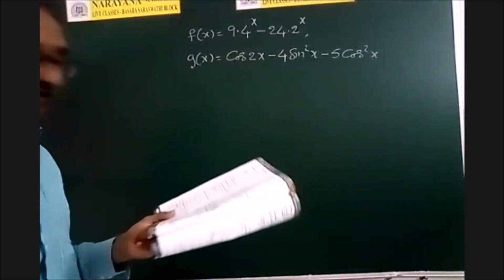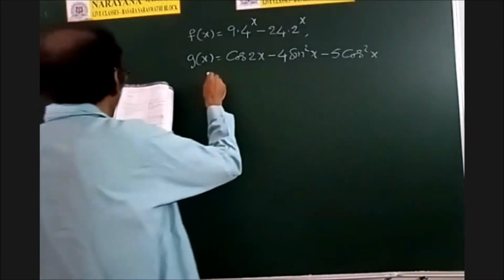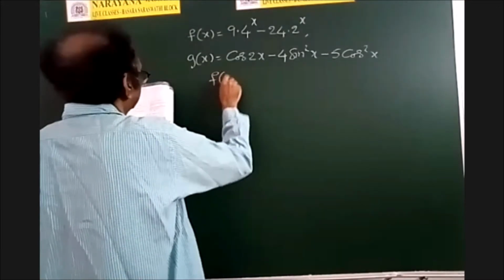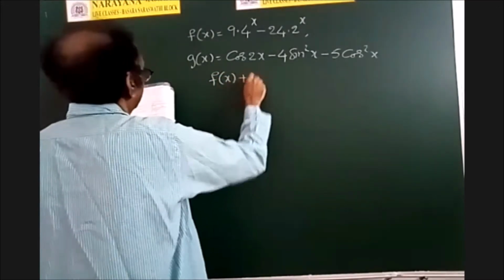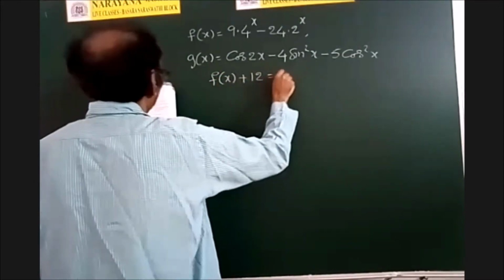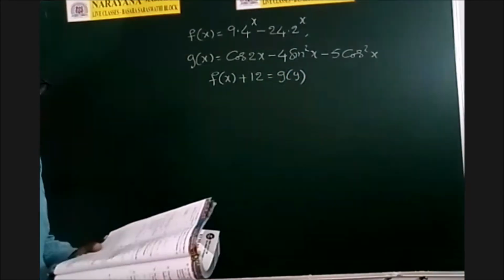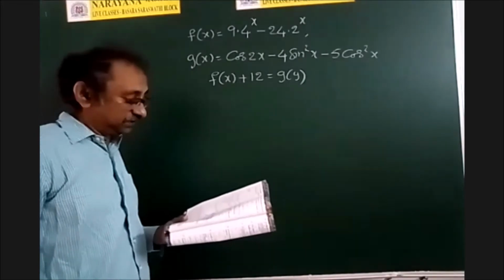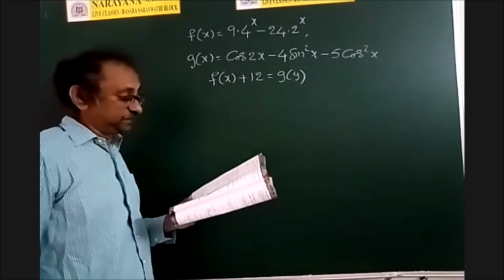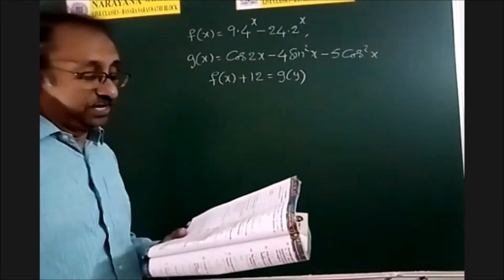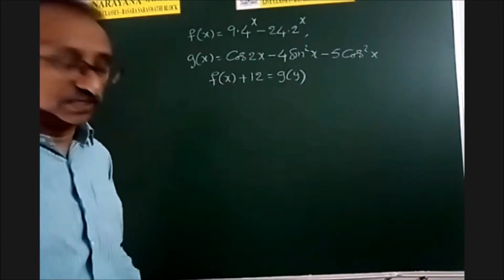Then the value of x and y for which f of x plus 12 is equal to g of y. So what is the question? If this condition is satisfied, f of x plus 12 is equal to g of y, then what is x and what is y? That is the question.